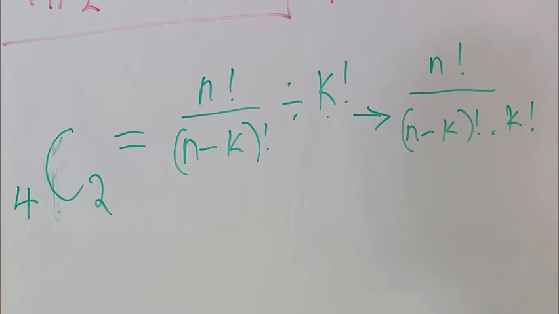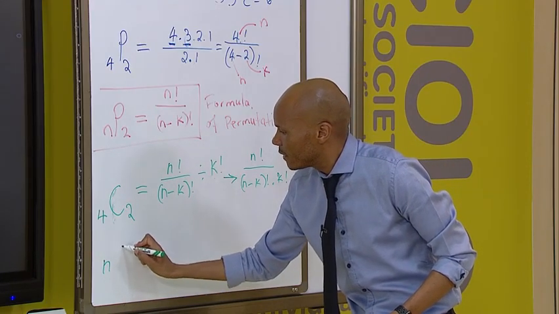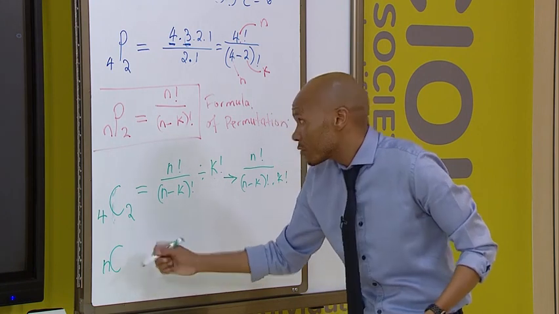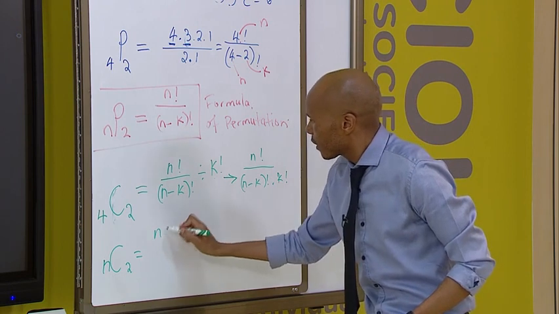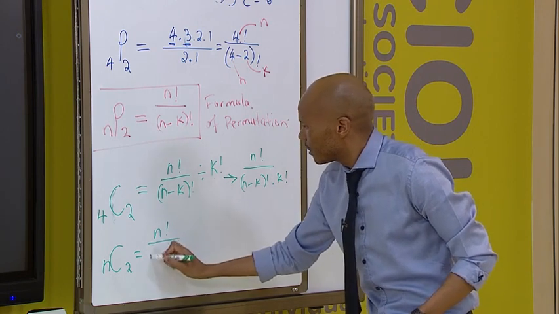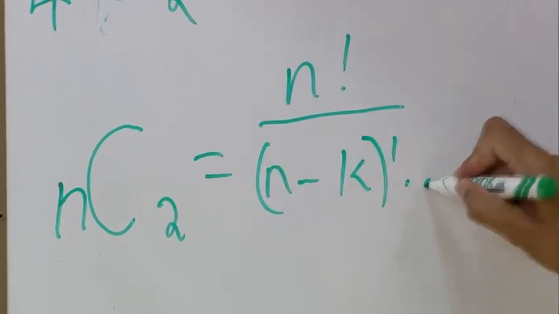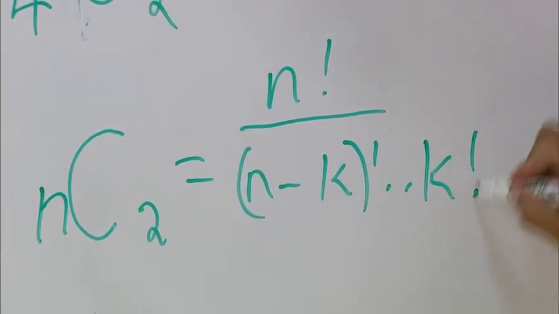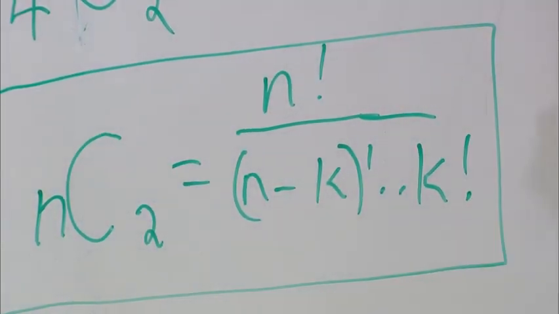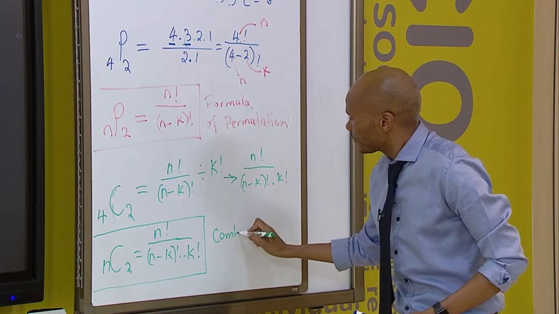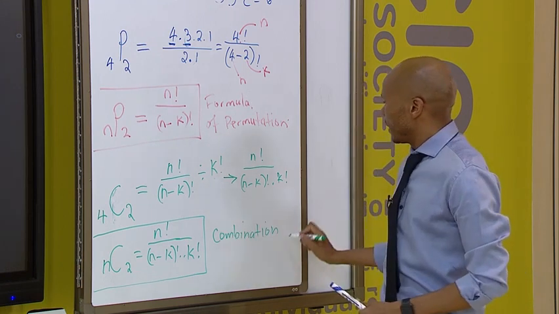So now we have our formula. So we can say, therefore, n choose k is equal to n factorial divided by n minus k factorial multiplied by k factorial. So that is our formula for combinations.